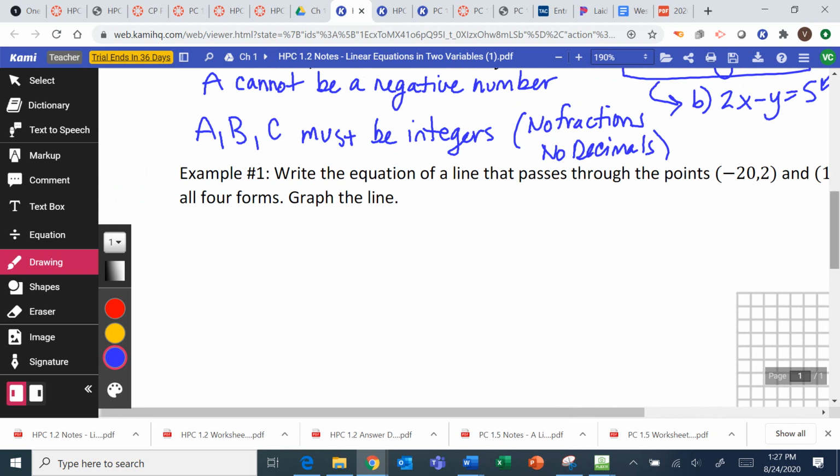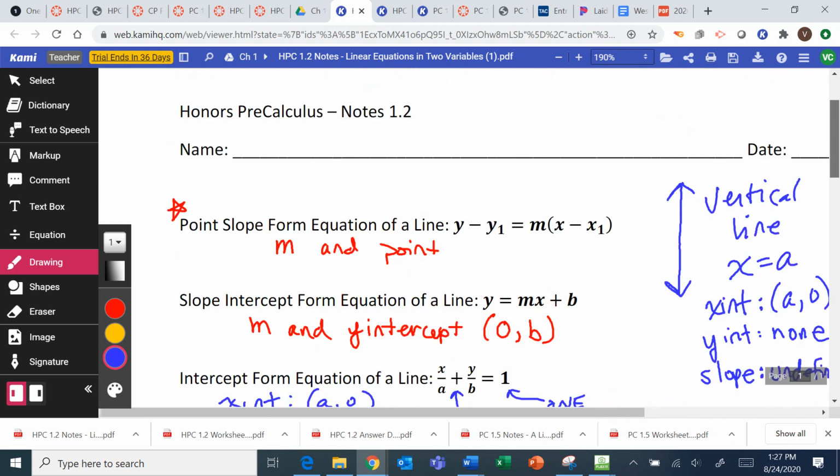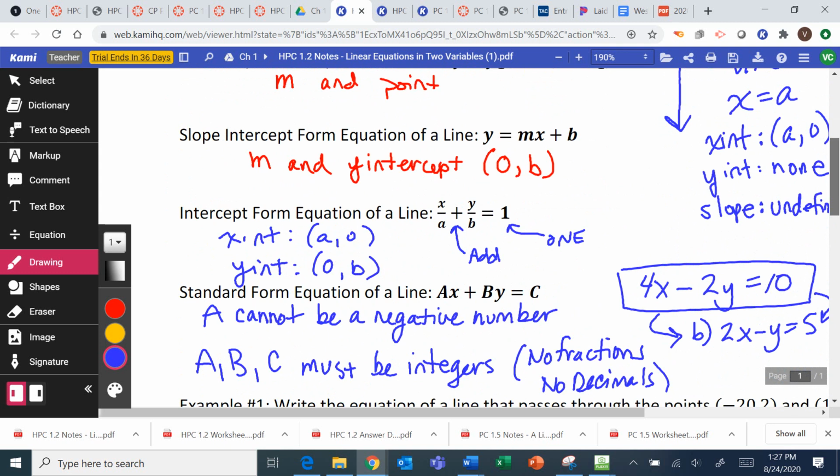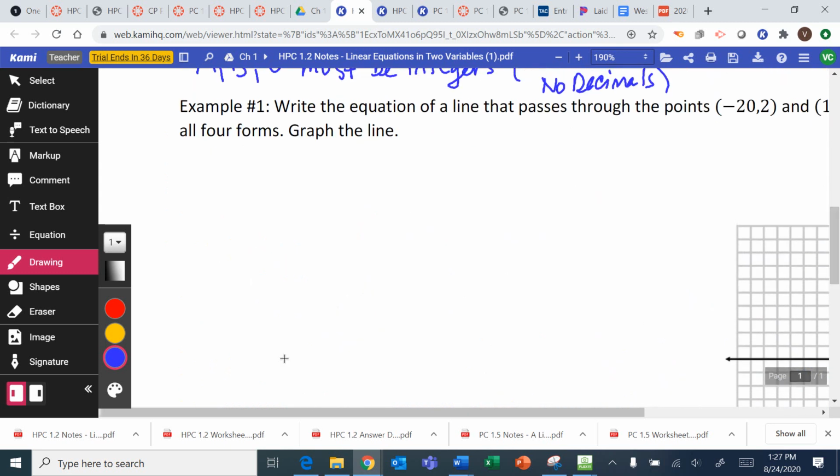Let's see. Our first form is point-slope form, and we need a point and the slope. What did they not give me? Can you find it? Oh, good.